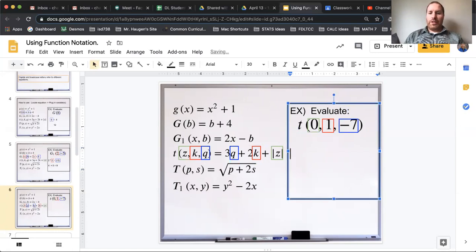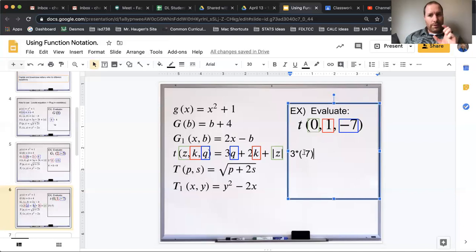Yeah. So in here, when we put our things in here, we have a 3 times Q, which in this case is negative 7. We have to be a little bit careful there. So times negative 7. Okay, so I'm just going to use my parentheses. I get that that's a little confusing. Sometimes we use parentheses in our function notation. Sometimes we use parentheses in the equation.